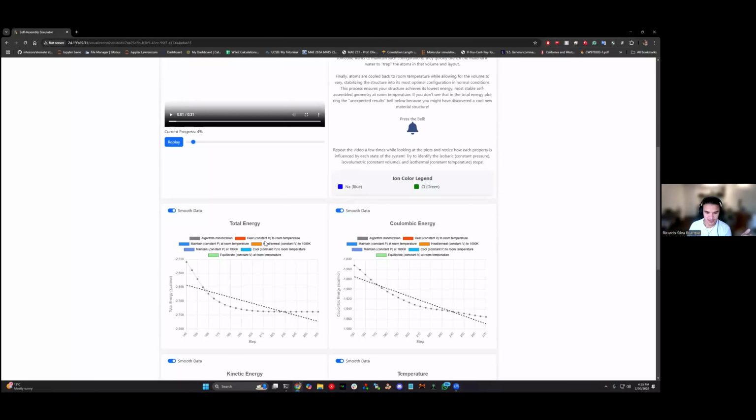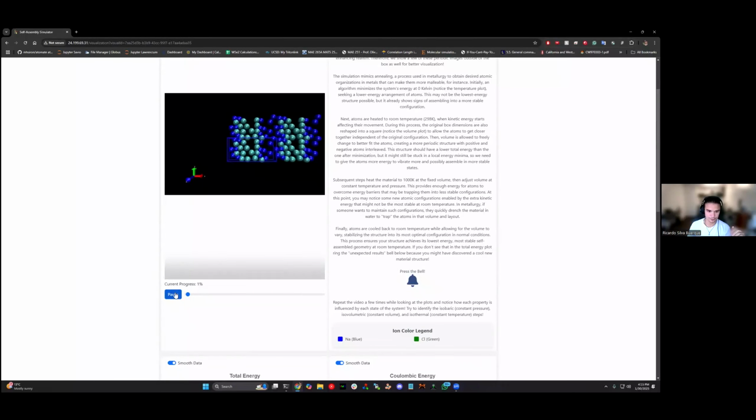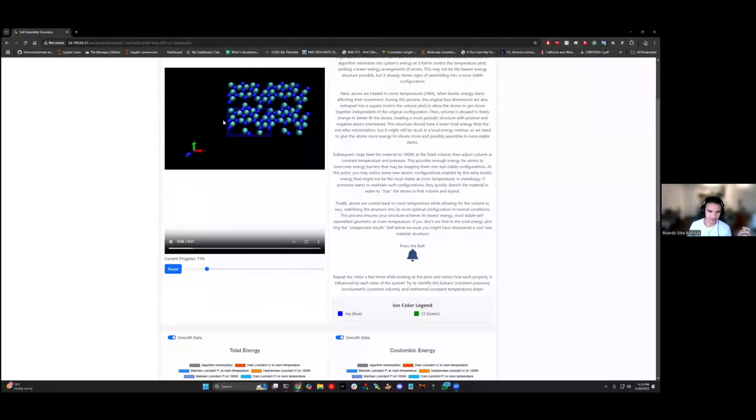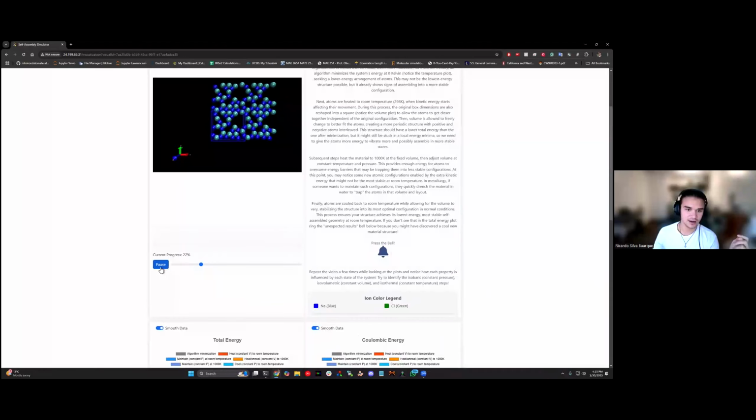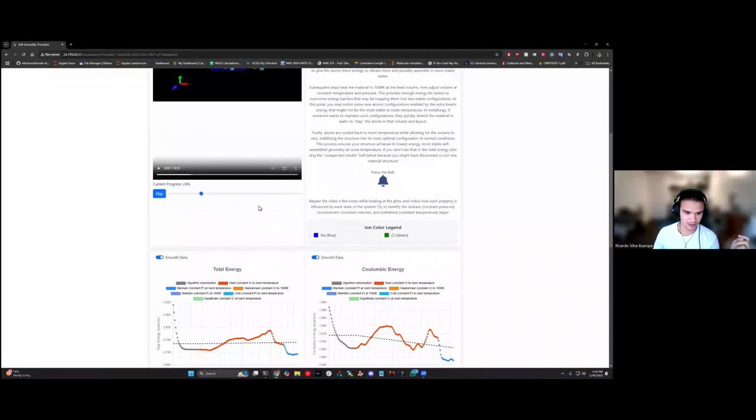Then you start heating up the system at constant volume. So this box here, the only difference is that it's going to become a square while running until 300 Kelvin, which would be room temperature. And you can see that the atoms start displacing, and then until they reach this square box shape over here, right?